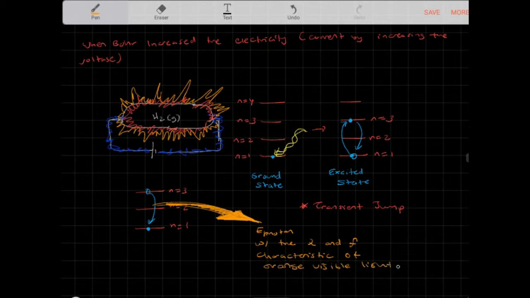Okay, so the conclusion. This is what Bohr actually observed from his experiment, and he came up with a series of conclusions regarding his hydrogen emission spectra experiment.